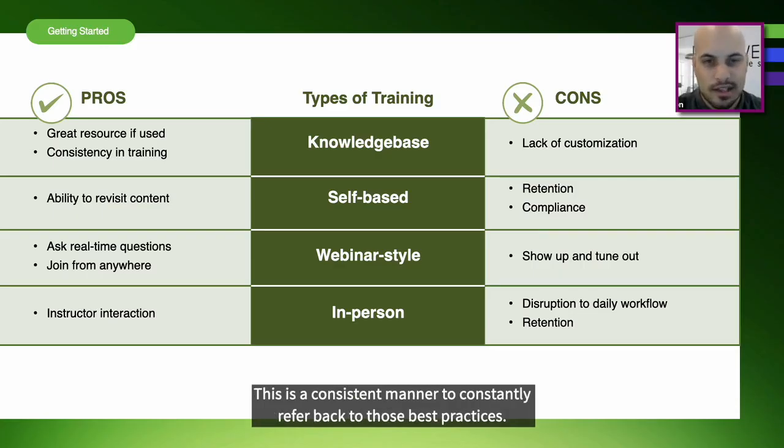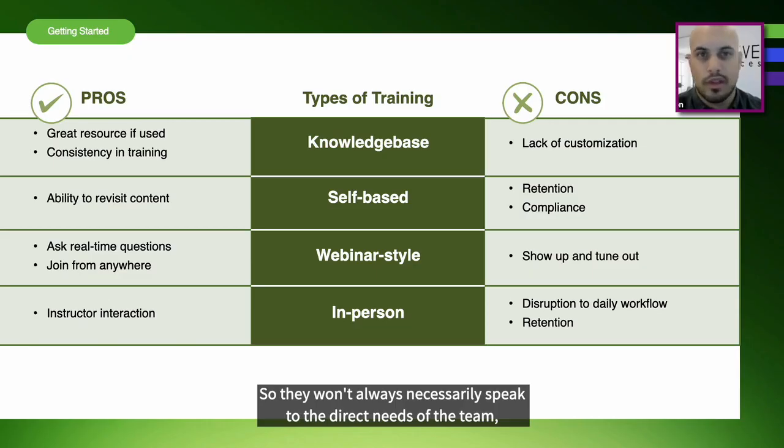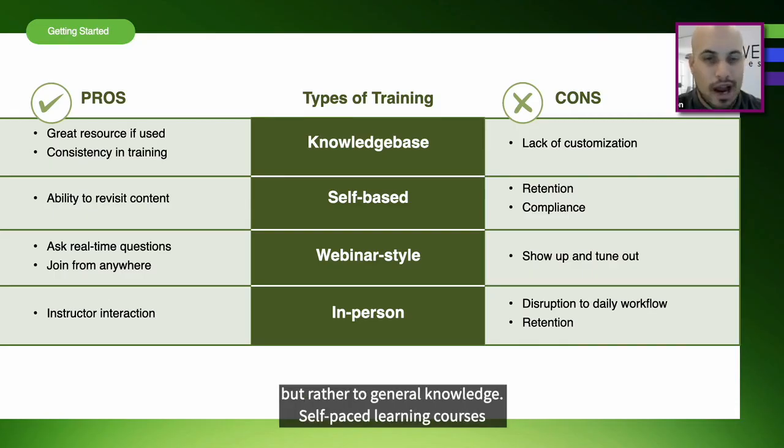This is a consistent manner to constantly refer back to those best practices. One of the cons of knowledge bases tends to be that they lack customization. So they won't always necessarily speak to the direct needs of the team, but rather to general knowledge.